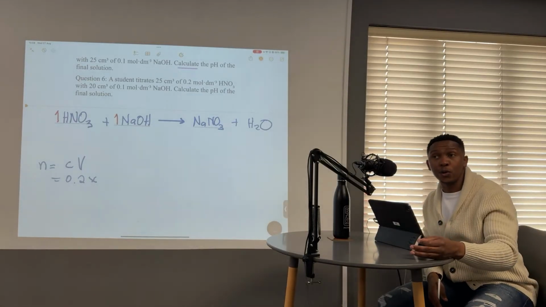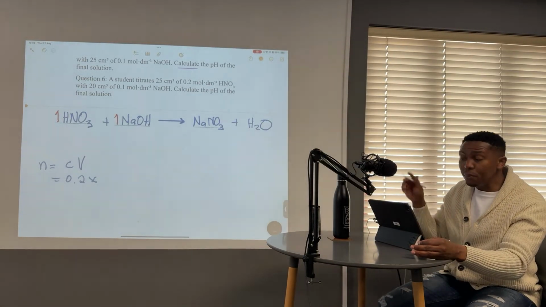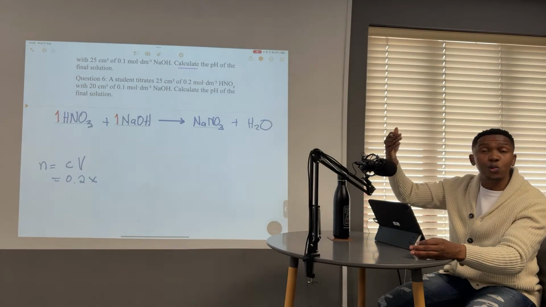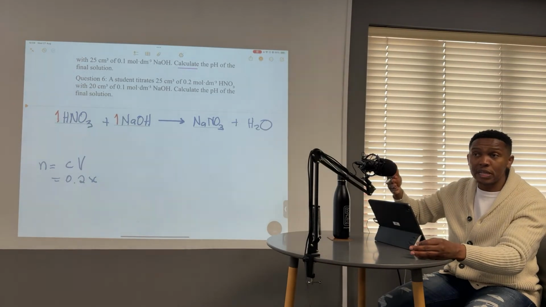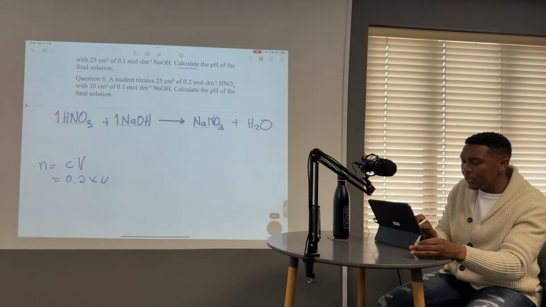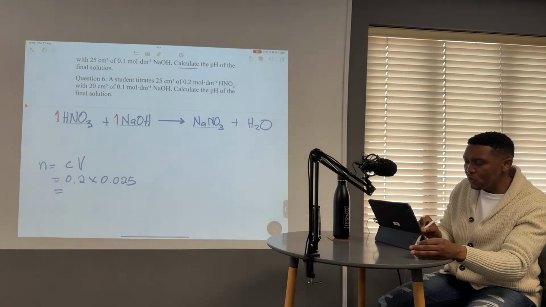And what is our volume? Our volume is 25 cubic centimeters, but remember, we must convert it to cubic decimeters. So this is going to be 25 divided by 1,000, which gives us 0.025. So, what do we get? 0.005?